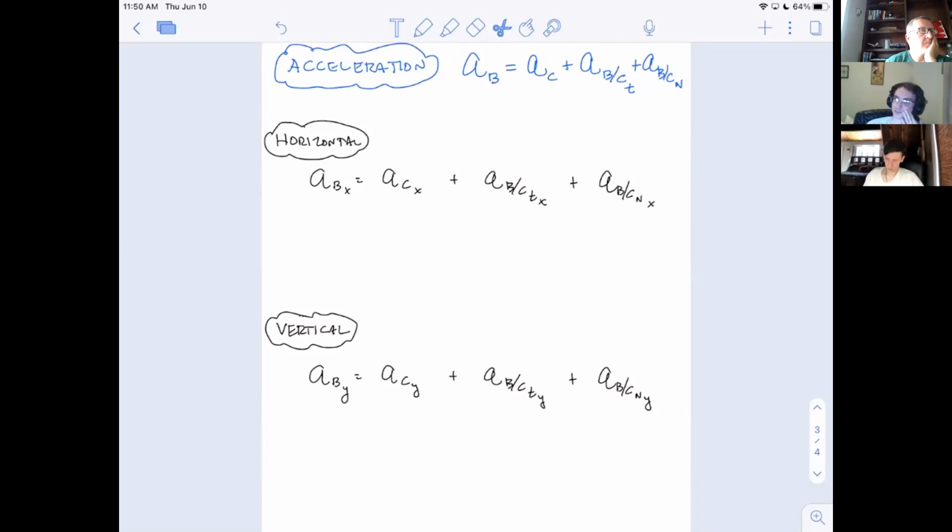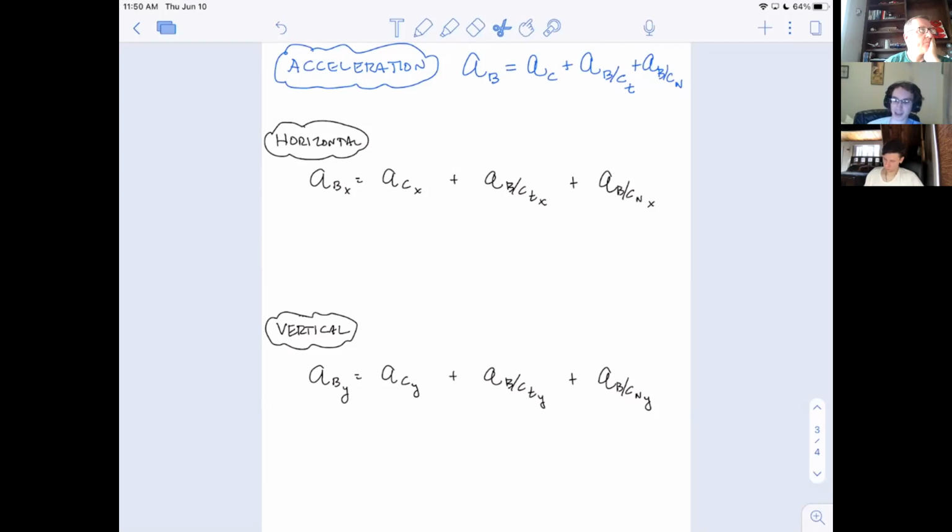I kind of like having the R vector, if that makes sense. Yep, the vector R of B over A, or in this case R of B over C. Because then it's just a cross product, and I can run through that really fast.